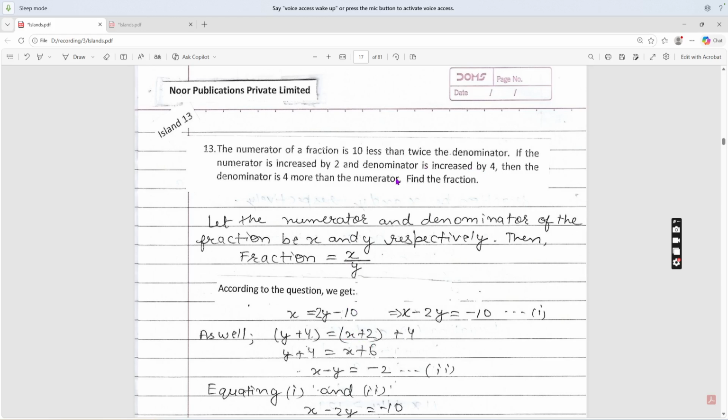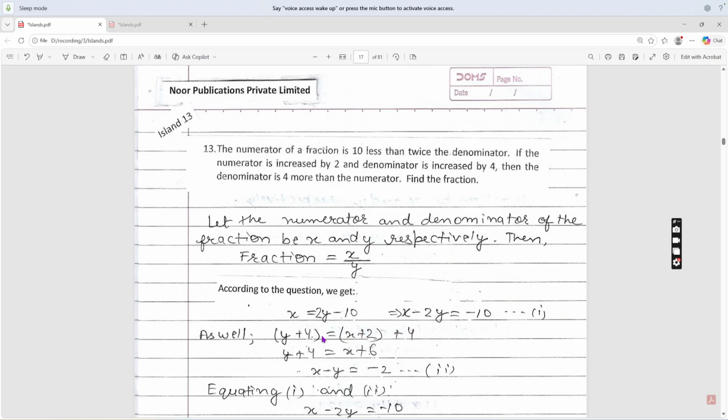See, when the original denominator was increased by 4, we are getting y plus 4. Why? Because the original denominator was y. Then the denominator, now what is the denominator? That is y plus 4. Is equal to 4 more, plus 4, than the numerator, and the numerator is x plus 2.